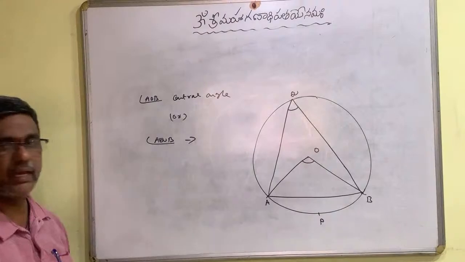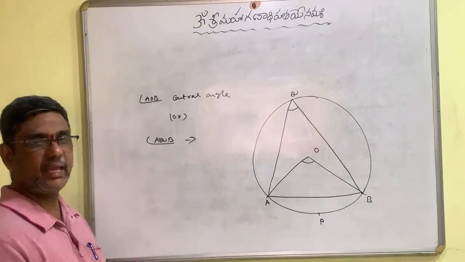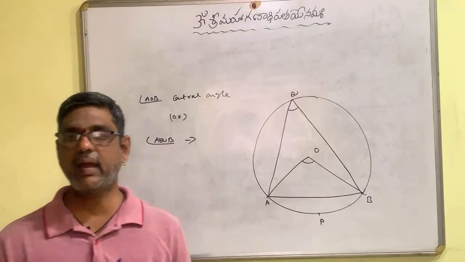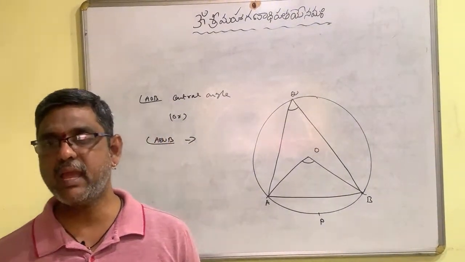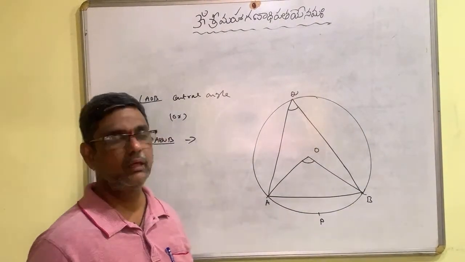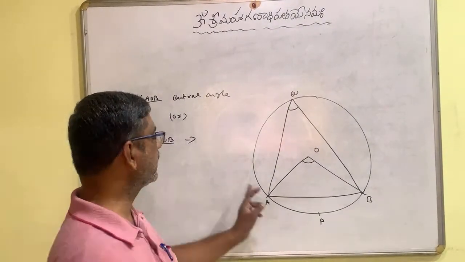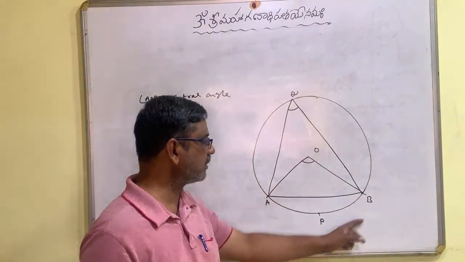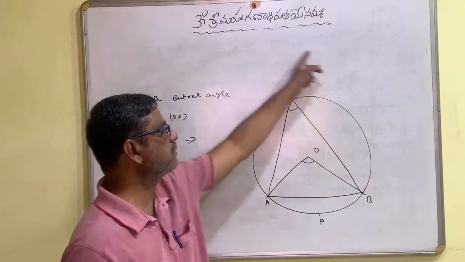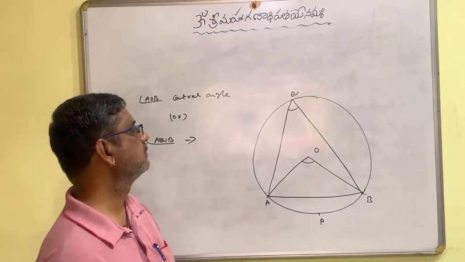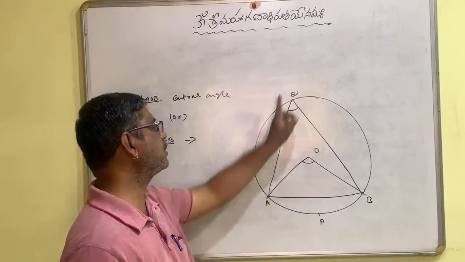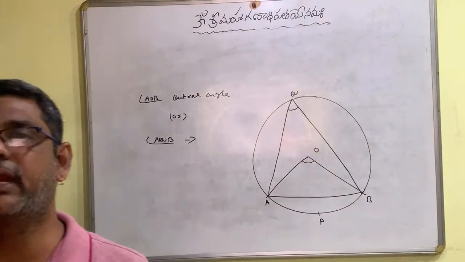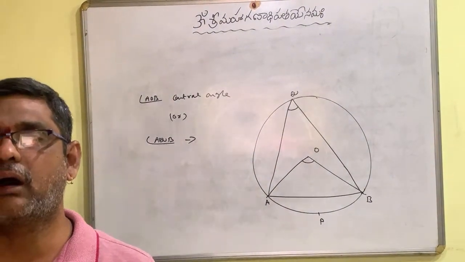What do we call angle AQB? Angle subtended by chord AB at a point on the remaining part of the circle. If we consider this is one part and this is the second part, then angle AQB is the angle subtended by the chord AB at a point Q on the major arc.